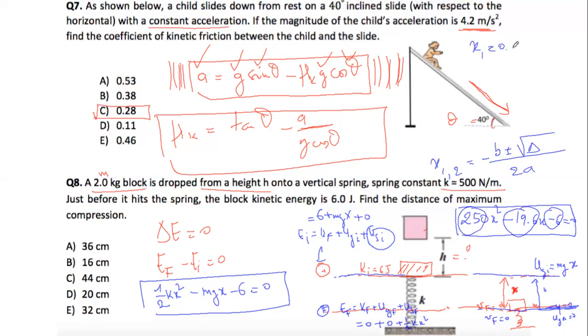The first one is 0.1999 meters, which is just 0.2 meters. And the second one, x2, is negative, minus 0.12. Which one should I choose? It's a distance, so forget about the second one, which is minus 0.12. You will get a distance of maximum compression of 20 centimeters. So that's the right answer, 20 centimeters.